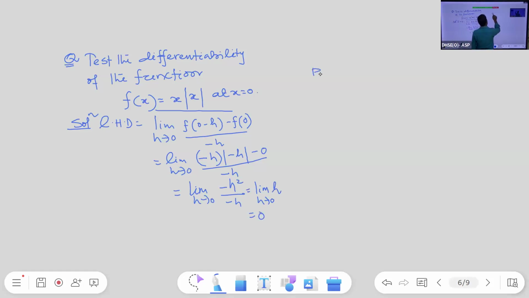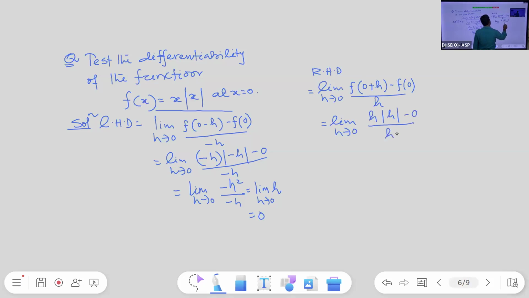Then next calculate the right hand derivative. RSD is equal to limit h tending towards 0, f of 0 plus h minus f of 0 upon h. This is equal to limit h tending towards 0. Okay. h into mod of h minus 0 upon h. Mod of h is h.